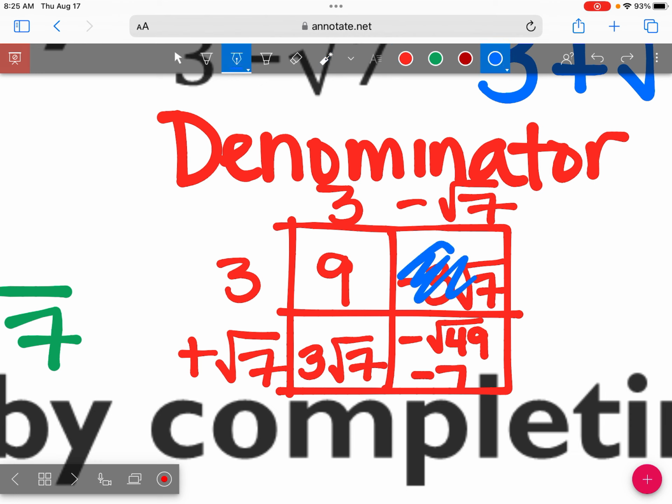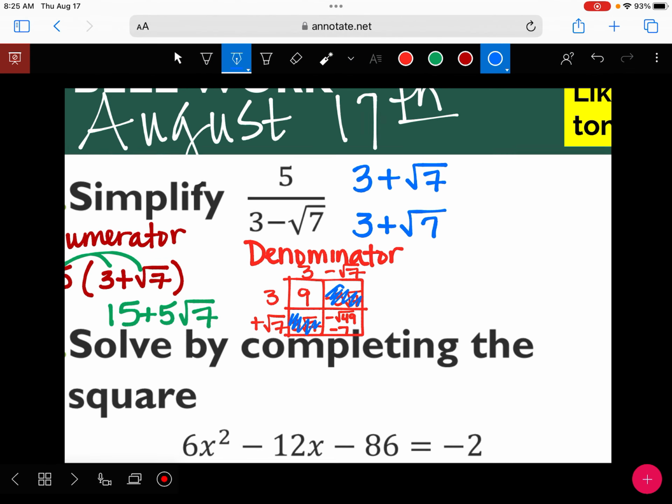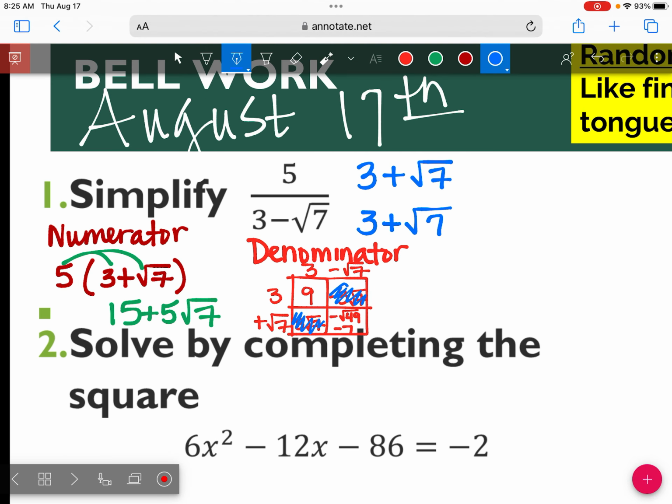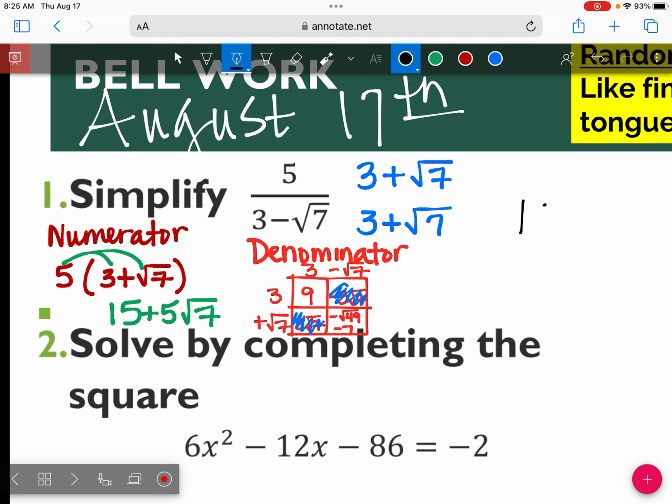Okay, so these two cancel out. So you're left with 9 minus 7. And what is 9 minus 7? 2. So my final answer for question number 1, I'll write it off to the side, is 15 plus 5 root 7 all over 2.